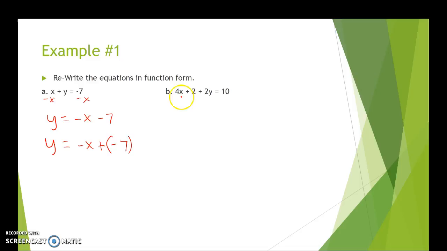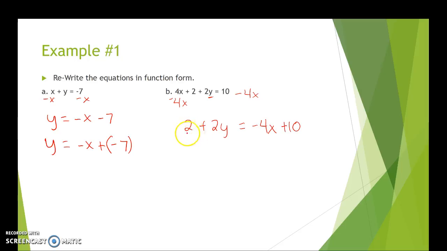Here for b, we have 4x plus 2 plus 2y equals 10. Well, we want to get y by itself. So let's first subtract 4x from both sides. What we're left with now is 2 plus 2y equals, I'll write it in the form of that ax plus b, which is negative 4x plus 10.